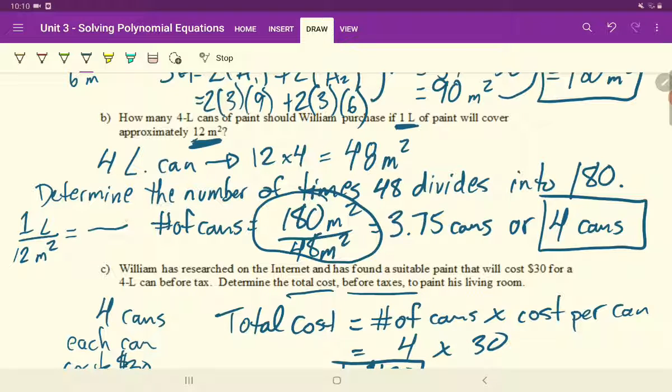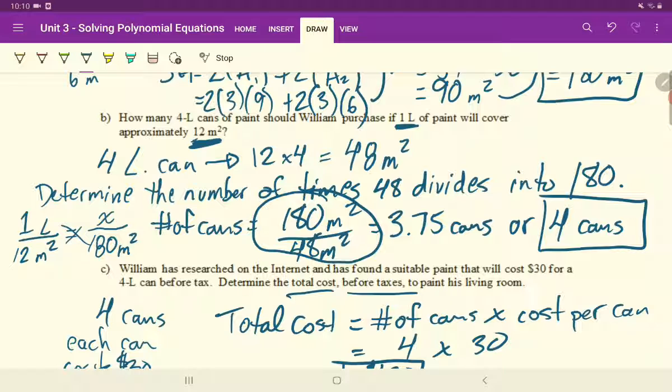well, we don't know how many liters we need, and we need to cover 180 meters squared, right? We got to cover 180 meters squared. So we don't know how many liters that's going to take. That's what we want to solve for. Let's call that X. And what have I told you before as a method of solving a proportion equal to another proportion when we have an unknown is you can cross multiply.